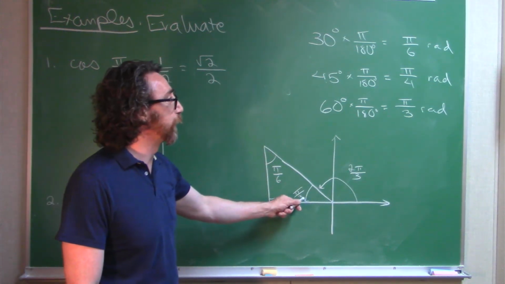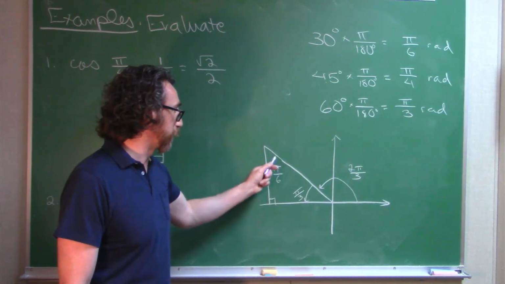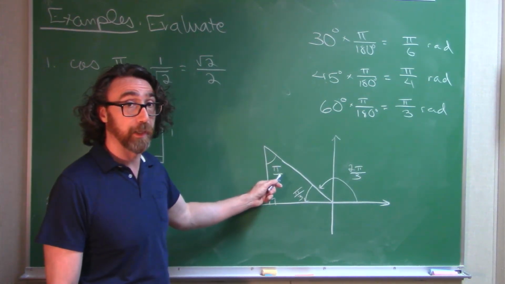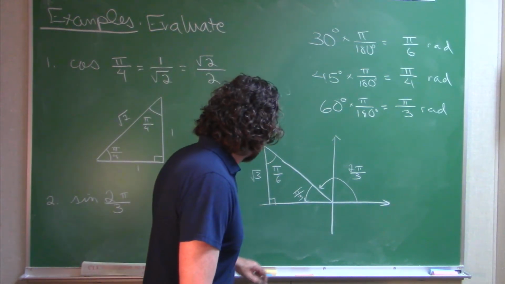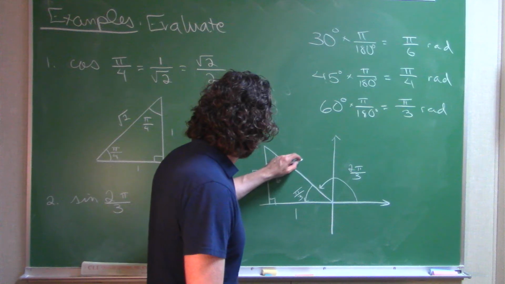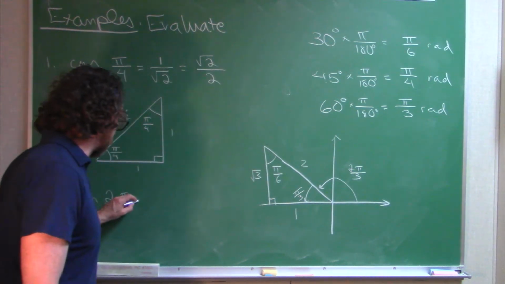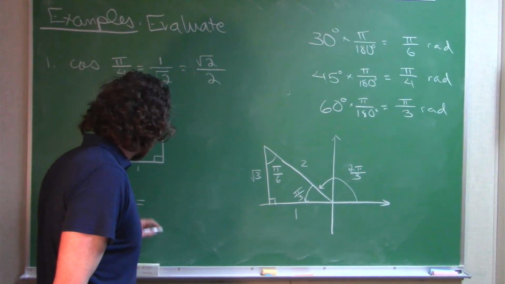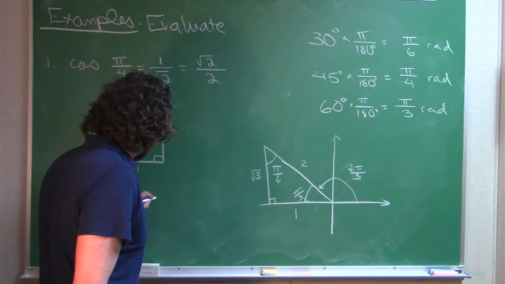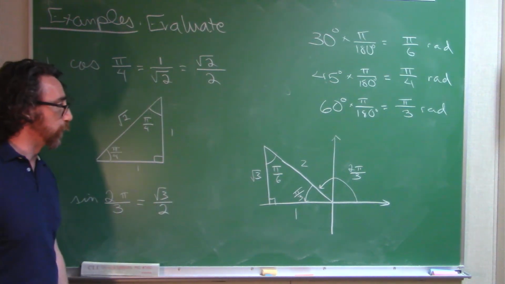Pi over 3, we're remembering that's 60 degrees right there. That must mean this is 30 degrees, or pi over 6 radians. So sine 2 pi over 3 is root 3 over 2.